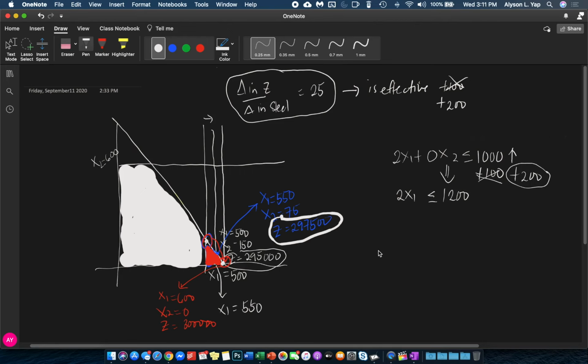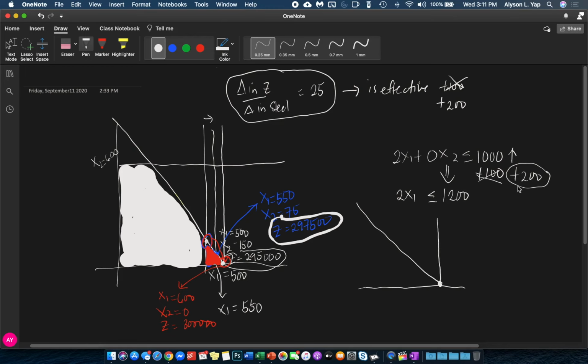Okay. Now, let me superimpose this part of the graph. This is your x-axis and this is your diagonal line. Okay, and at a right hand side of 1,200, the vertical line is already here.